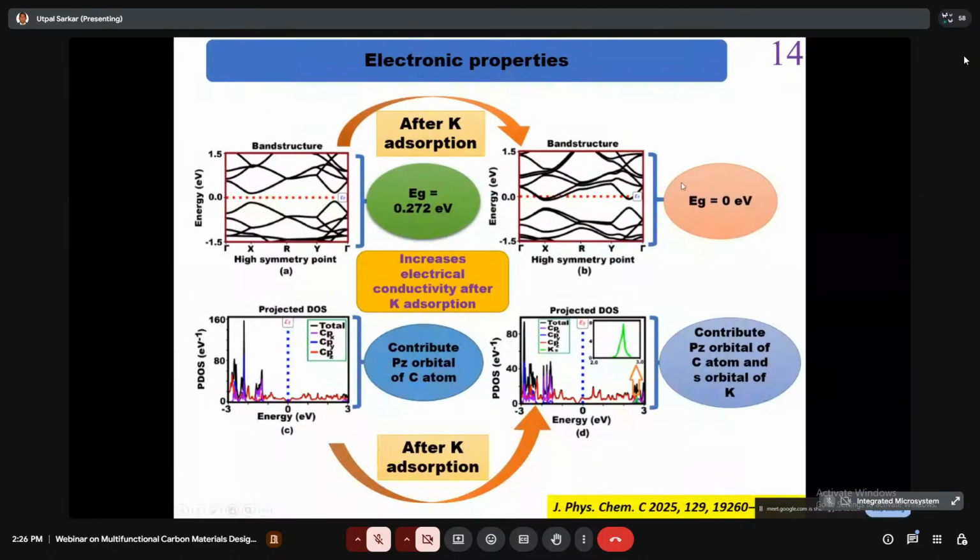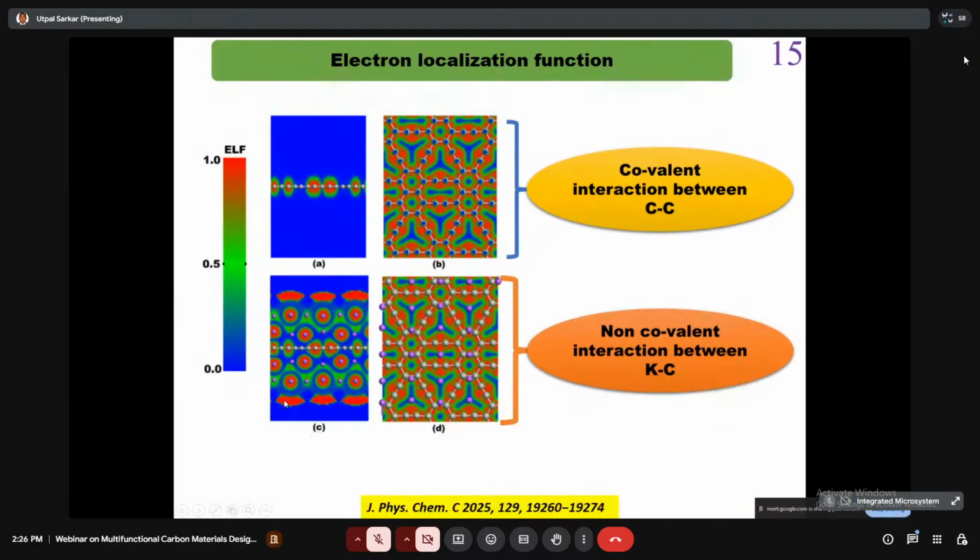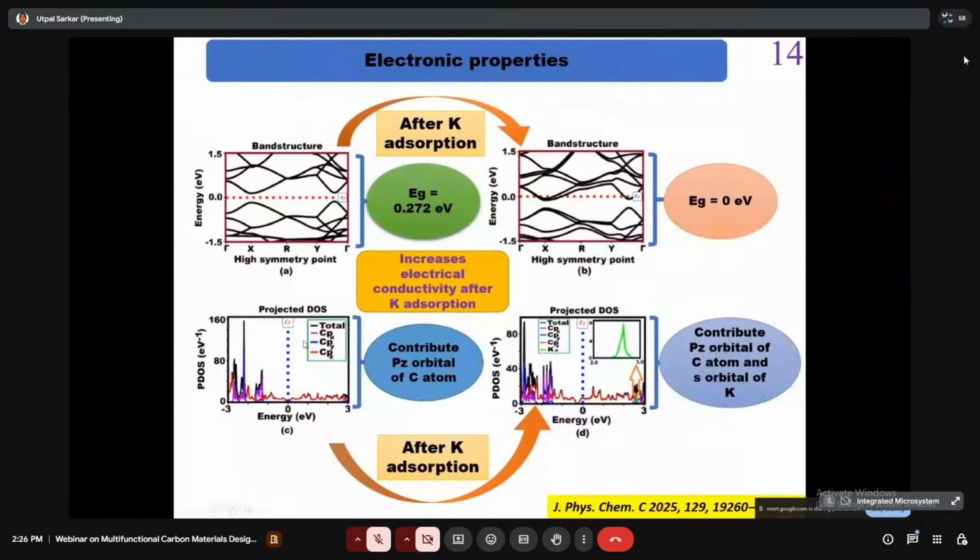So why is this occurring? Here the band gap occurs because there are no available states near the Fermi level, and near the Fermi level only the pz orbitals are available, while the contributions of other orbitals are very large away from the Fermi level. But after absorbing one potassium ion, the pz orbitals of the carbon atoms are contributing at the Fermi level, and that's why the crossing of these two bands is occurring.